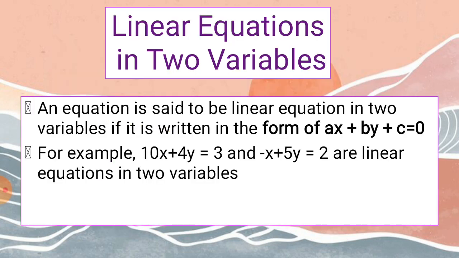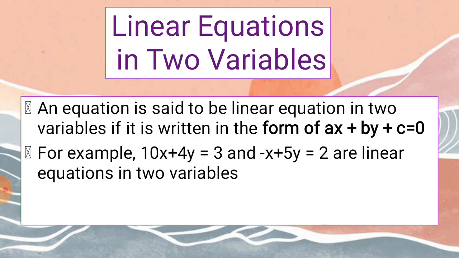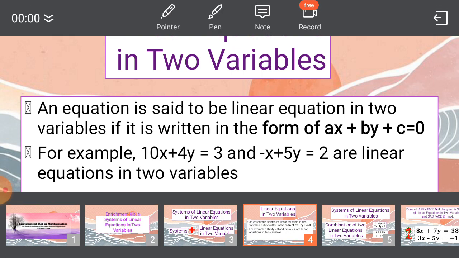So what does it mean? Let's recall linear equations in two variables. When you say linear equation, this is an equation. An equation is said to be a linear equation in two variables if it is written in the form ax plus by equals c, which is the general form of a linear equation, where a, b, and c are numerical coefficients.